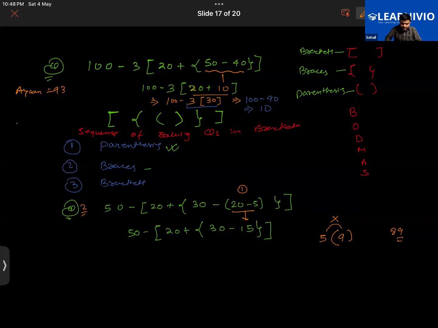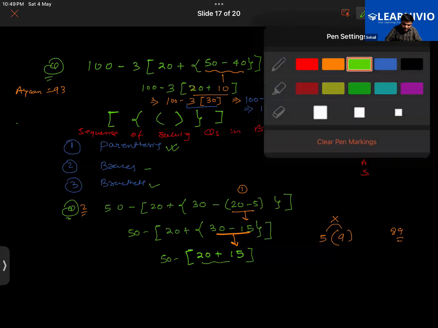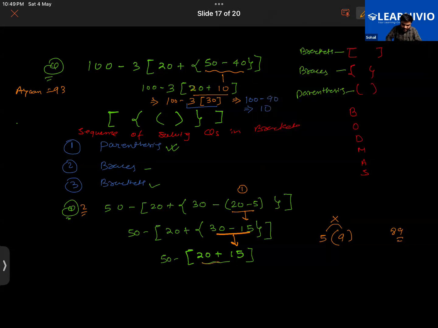So simply do it. 30 minus 15, that is 15, right now? 20 plus 15. Now at last we have got the bracket. Inside, whatever is being asked to do, simply do it. So I think the last answer is 25.